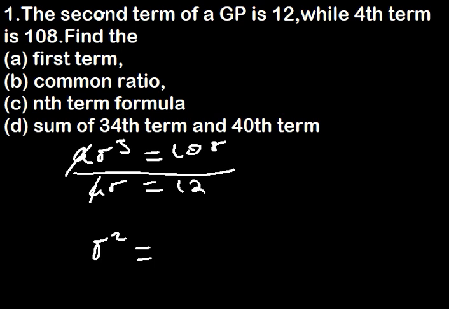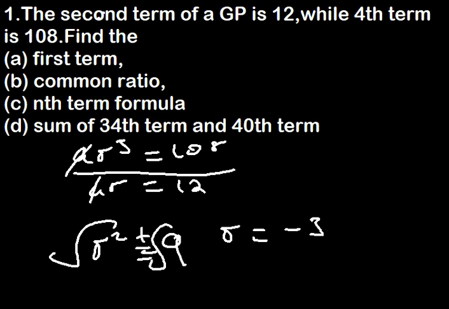Then we take the square root of both sides, which gives plus or minus. You should know that. Then r is given as -3, and also r is given as +3. So those are the values of the common ratio you have to understand.